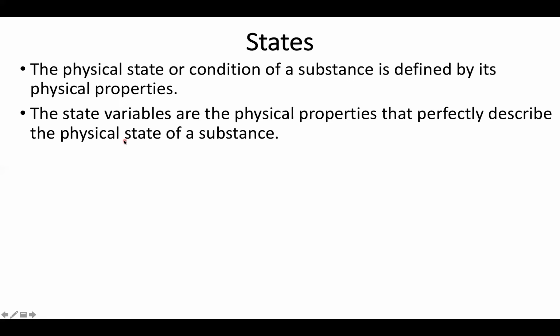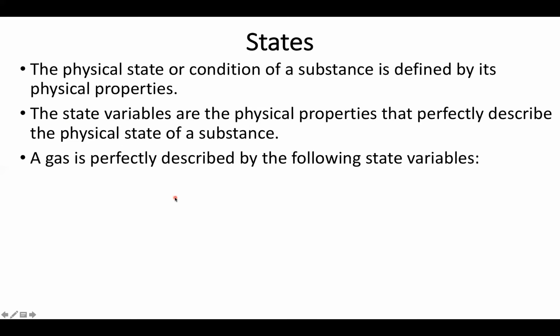And what we're often looking at is, again, these state variables, which is going to be simply a list of all of the physical properties that essentially can perfectly describe the state of the substance. So if I've got two identical substances, they're said to be in the same state, and they should share all of the same state variables.